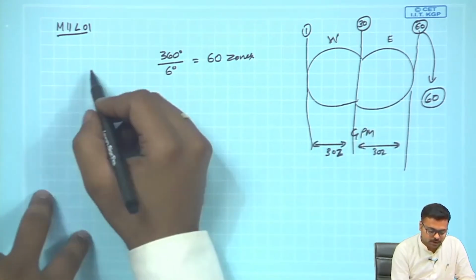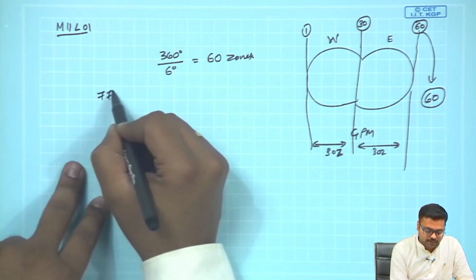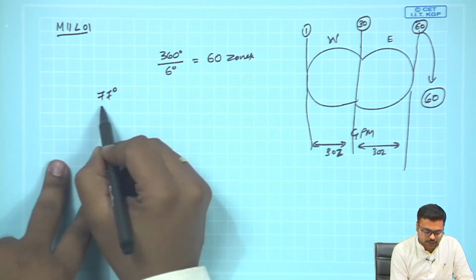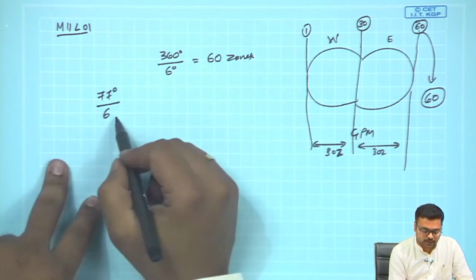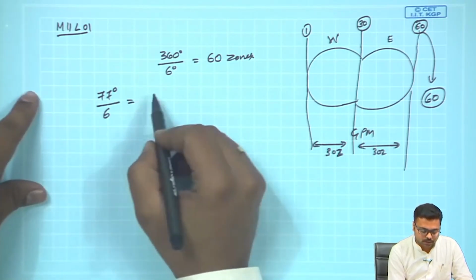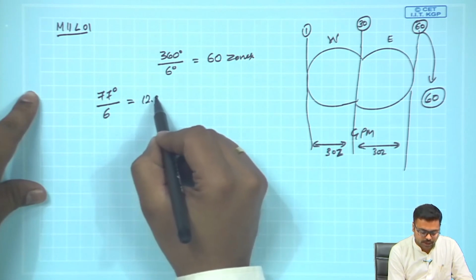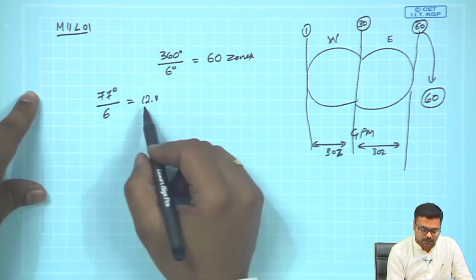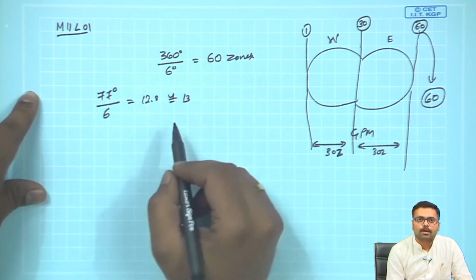Now, let us say Bangalore has longitude of 77 degrees. So, just divide this by 6 because each zone is 6 degree. Then once you divide it by 6, you will be getting somewhere close to 12.8, let us say. Just round this to next digit, that is 13. Okay.